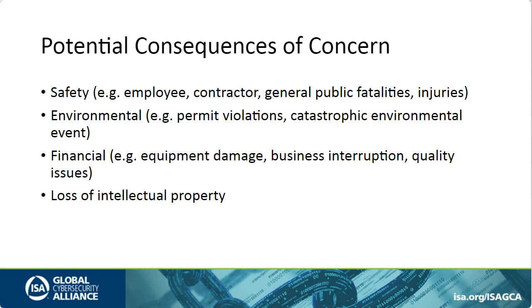In some companies using control systems, loss of intellectual property is a significant concern. I think of the pharmaceutical industry, where they've invested a lot of money into their recipes for drugs, as well as Coke's recipe. It's famous for how secretive it is.